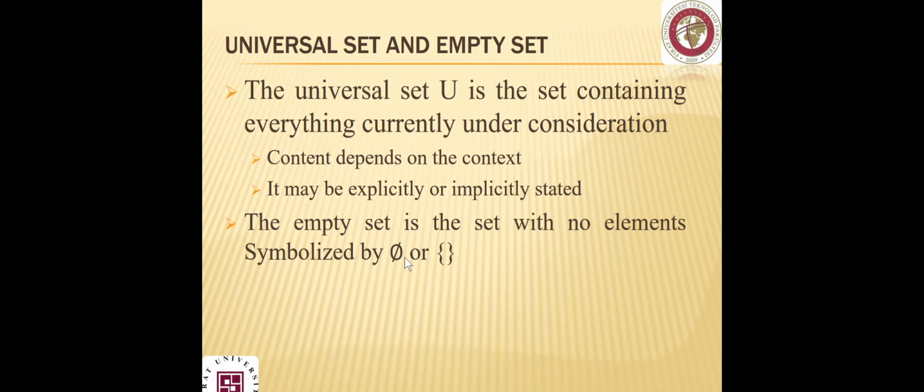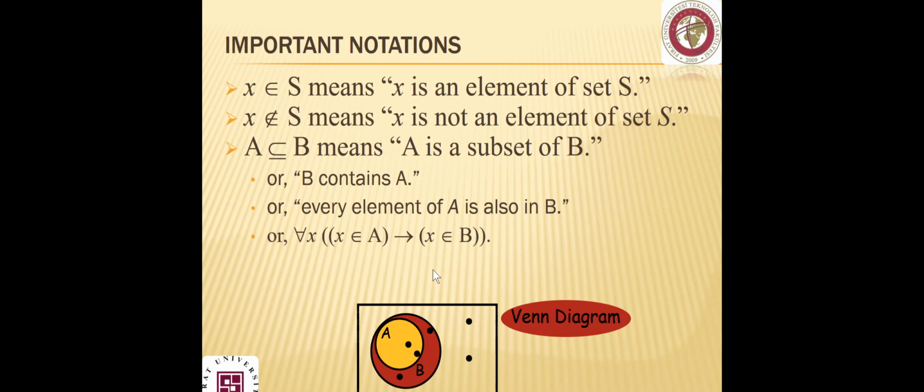However, I know conventionally we use it and people know it as phi, but just for your record, I'm obligated to tell you that this is not the correct word. We have the empty set, either referred to by the symbol phi or the empty braces like this.